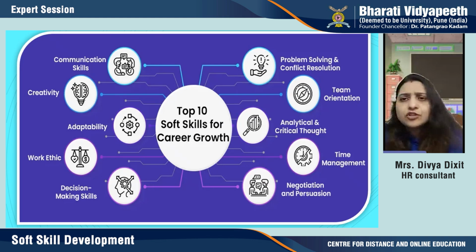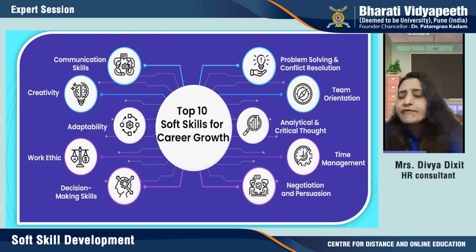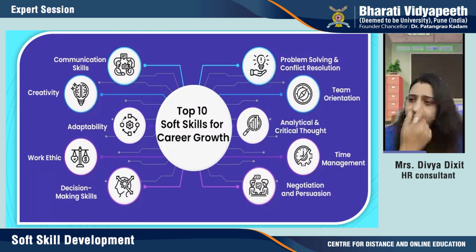This is just the top 10 soft skills which are required for career growth. I assume all of you must be aware of all these skills which are mentioned here: communication skills, creativity, adaptability, problem solving, team orientation, analytical thoughts, time management, negotiation, decision making.